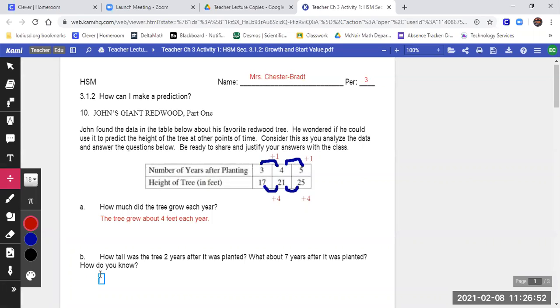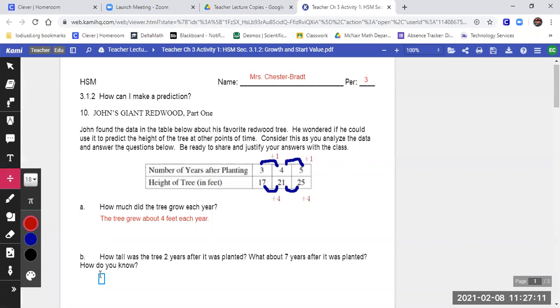Okay. Marissa said subtracting. Subtracting from what? What piece of our table are we looking at for how tall? The height.